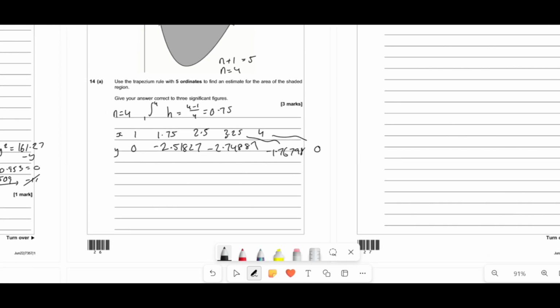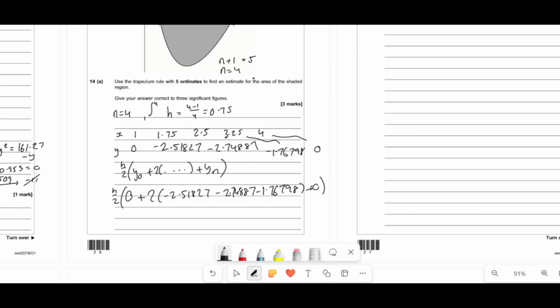So then the actual formula for the trapezium rule is just going to be h over 2, y0 plus 2 lots of every single one in between, plus y of the last strip. So it's going to be h over 2, 0 plus 2 lots of minus 2.51827, minus 2.74887, minus 1.76798, plus 0.